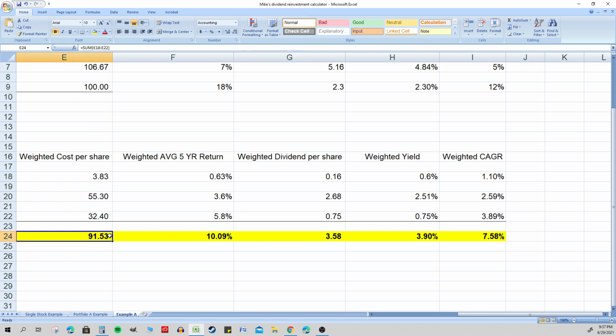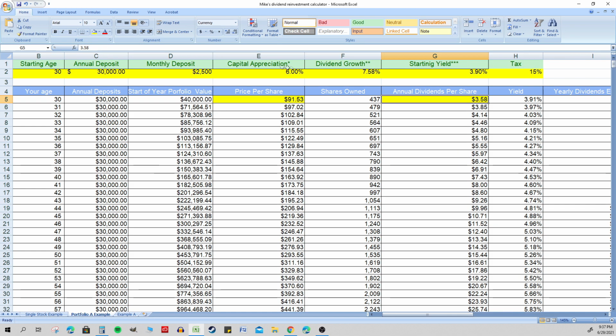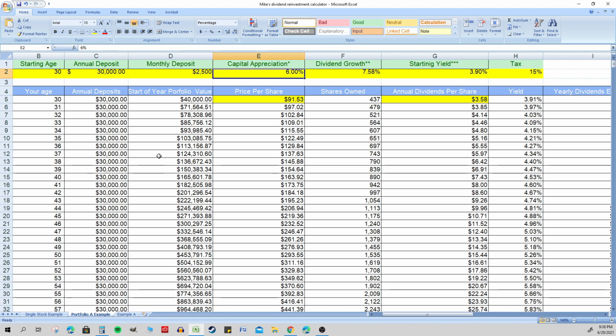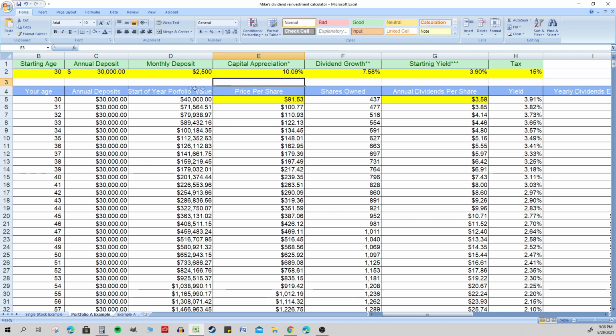So here's the starting share price, and here's the weighted dividend per share price. And also, capital appreciation, oops, I don't think it's supposed to be 6%. Capital appreciation is actually supposed to be 10%. So you would put 10% up here, or 10.09 to be accurate. And that's how that would work for your whole portfolio.